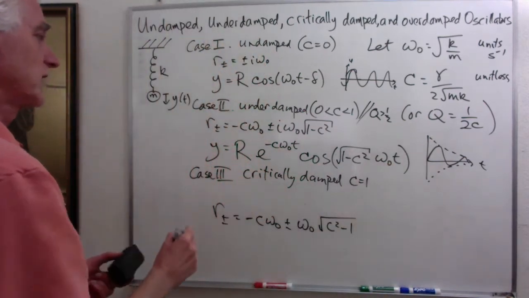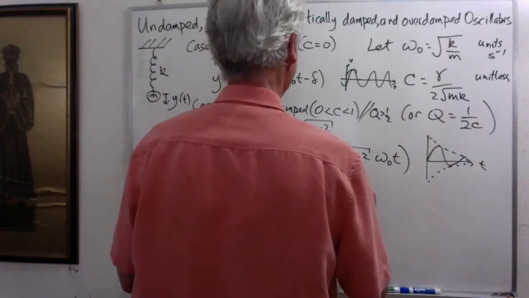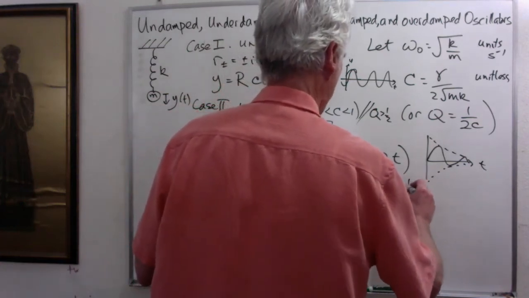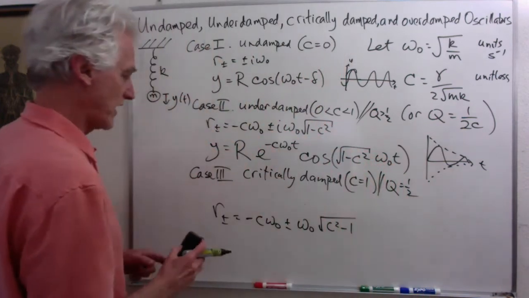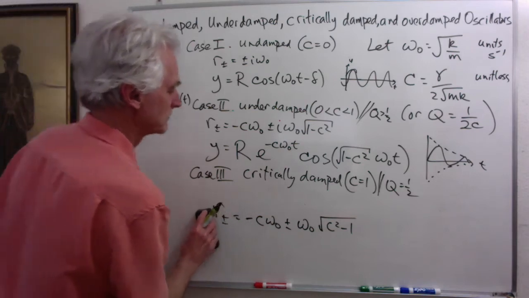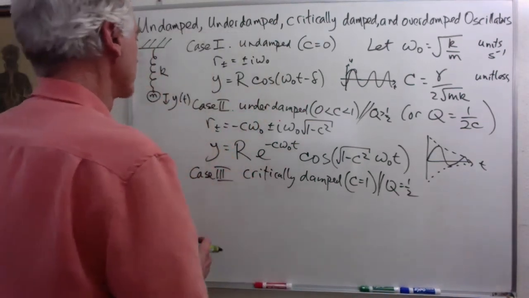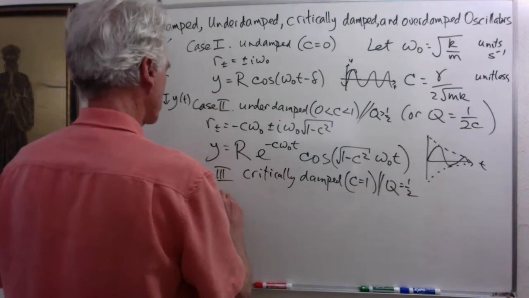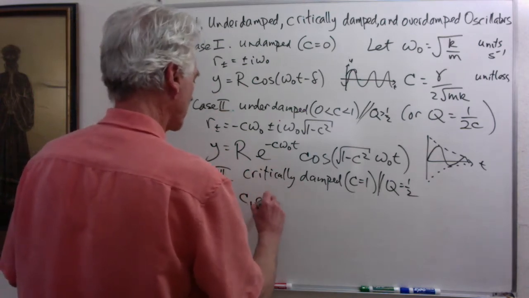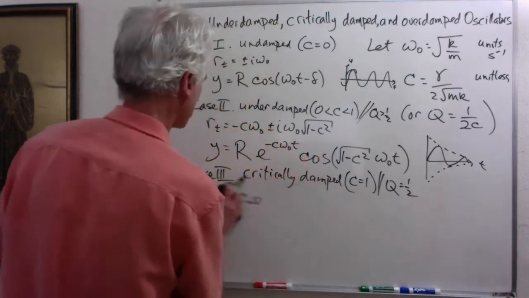Okay, critically damped, c equals 1, or q is a half, the quality factor. And hopefully I'll remember that one in a minute. Yeah, sure. All right, so here the general solution is y is c1 e to the, I should say what the roots are first.